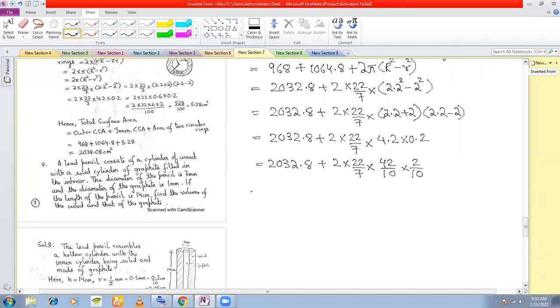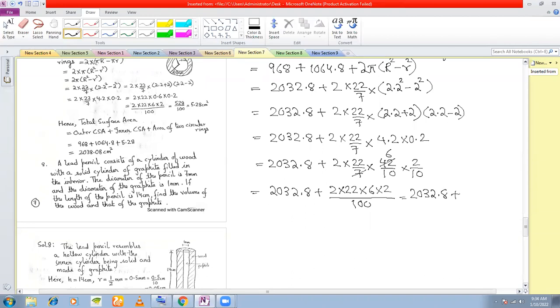Okay, plus, and this will cancel 6 times. We are not going to touch 10 in the denominator, because 10 will help us in our calculation. Okay, so this will simply be 2 into 22 into 6 into 2 divided by 100, which is 2032.8.